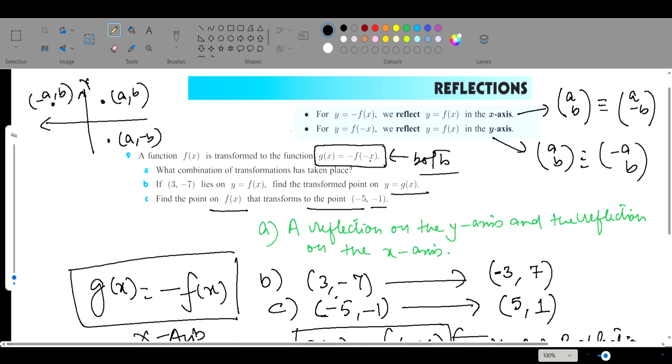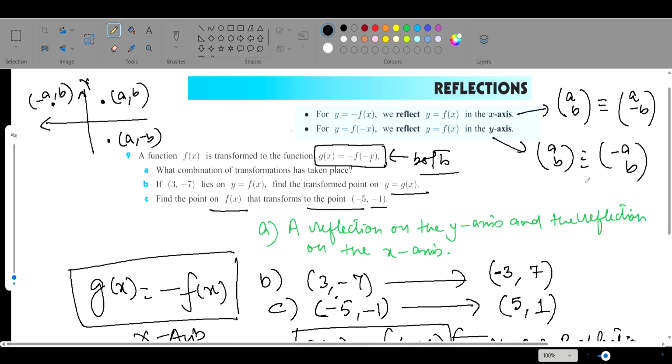Is it clear? All right. Okay. So what we can do next time, I think we are done with the concepts of transformation of functions. The only thing we can do is practice more and more questions on reflection of functions.